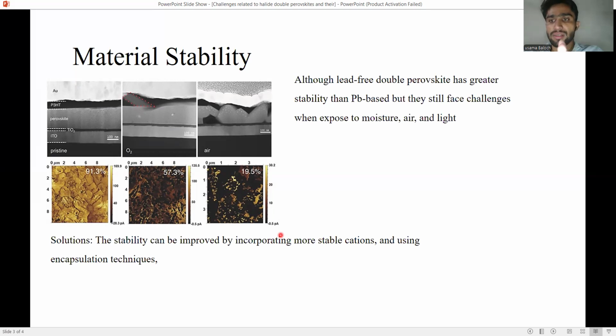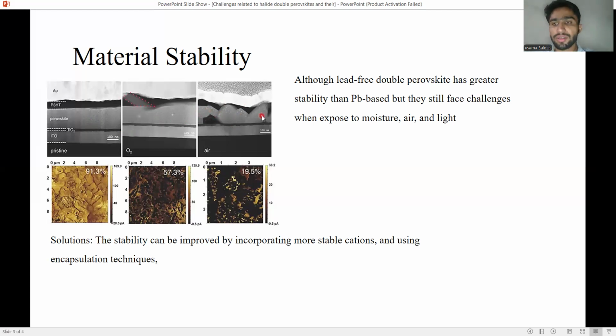But if the material develops pinholes, or defects are introduced due to exposure to air or sunlight, then this material has instability issues. These materials are not highly stable in normal environmental conditions. They degrade, as you can see here when it was exposed to air.